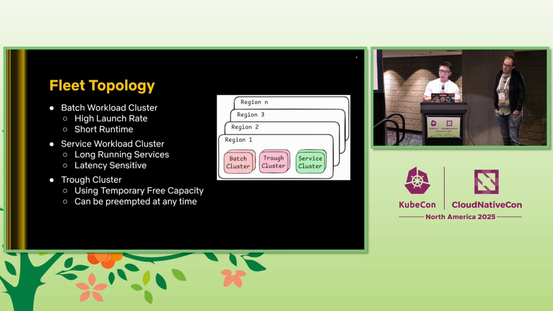This can impact the overall performance and the launch latency of all the workloads, which is especially critical for our long-running services. But this setup doesn't mean we are going to waste the resources that are not being used on the service cluster. We have a cross-cluster trough mechanism to make use of spare capacity on the service cluster, and Nick will give more details later in this talk.